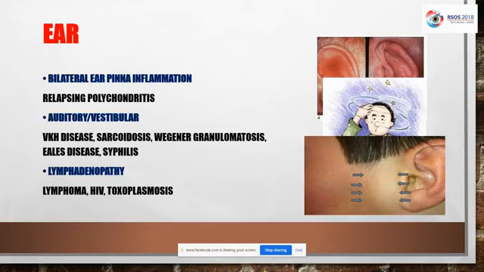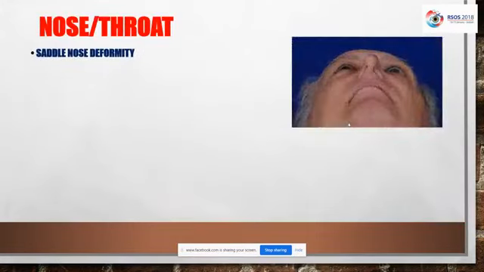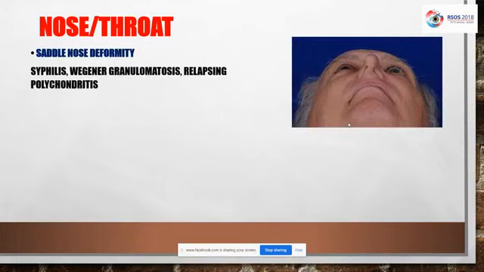So those are the main issues with exclusion in ear symptoms. Regarding the nose and the throat, if you have a patient with saddle nose deformity, you need to exclude syphilis and Wegener's granulomatosis.